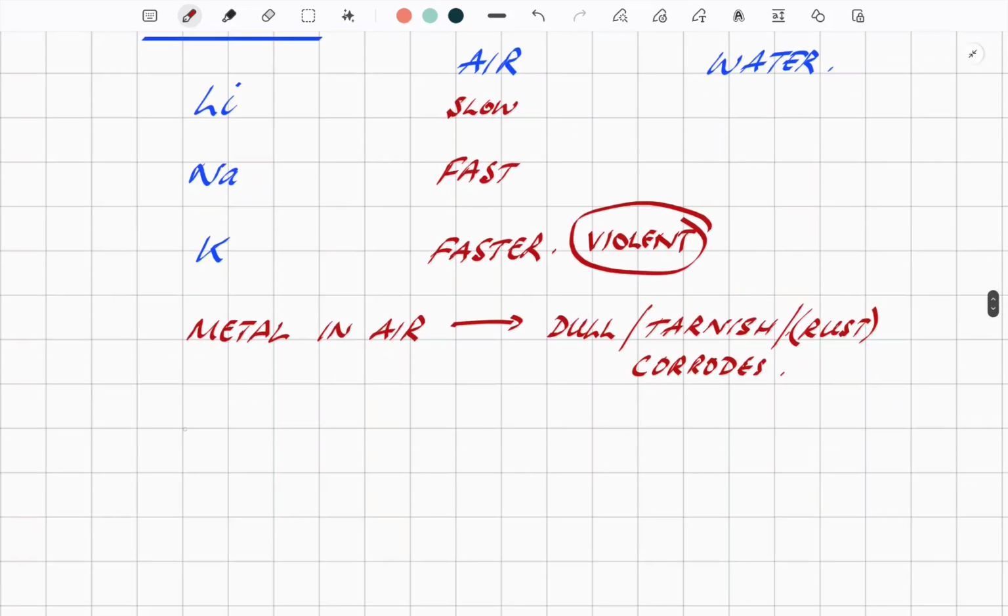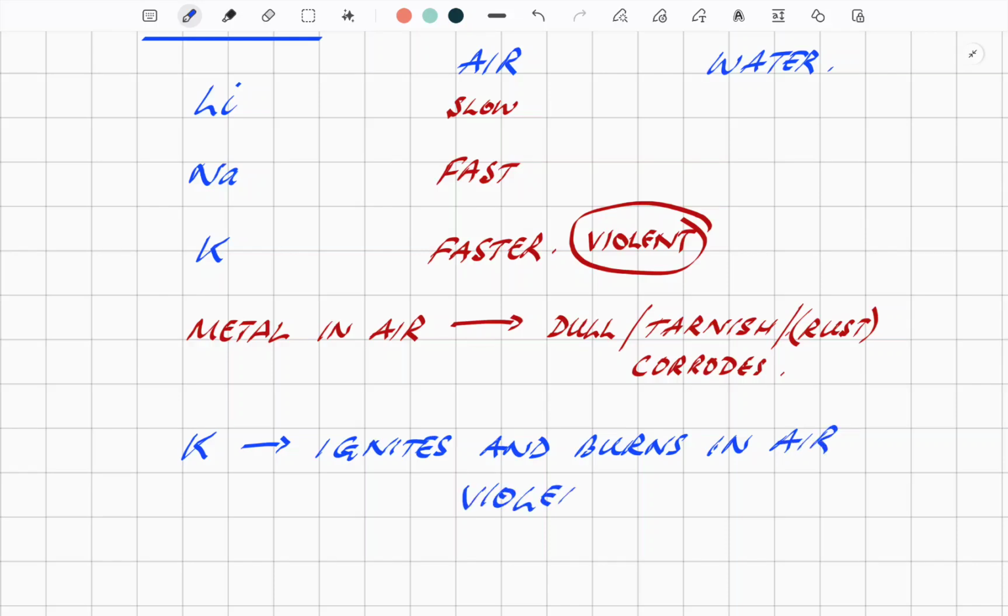So with potassium, it ignites and burns in air violently. Whereas lithium is much more of a slow reaction. It can still ignite, but it's much slower.